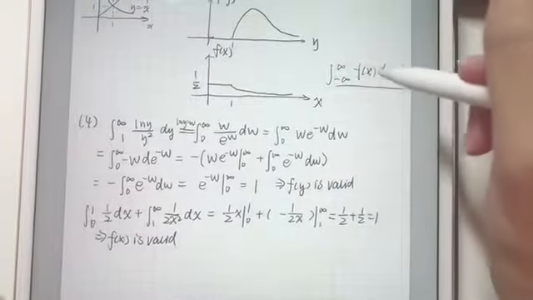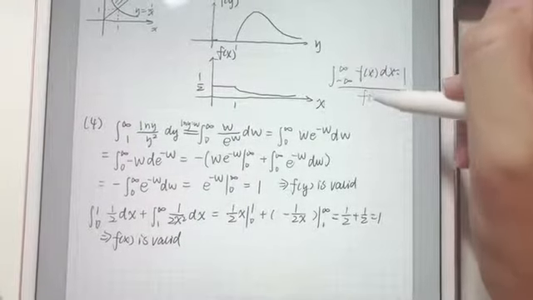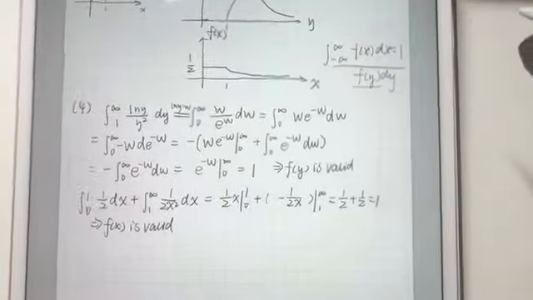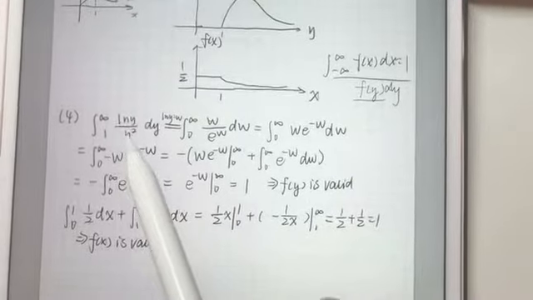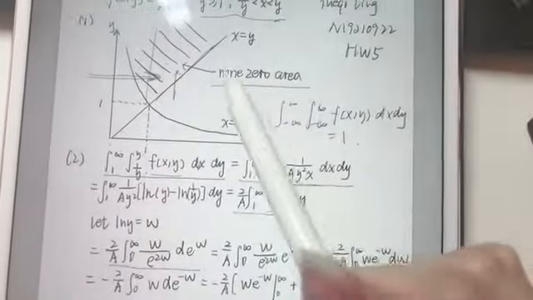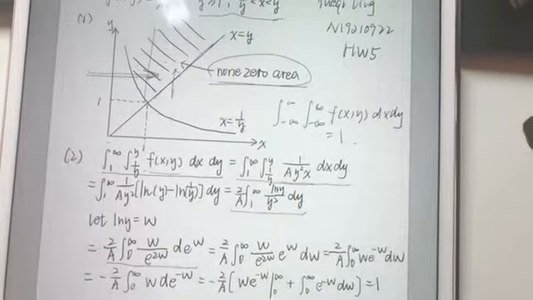This is also the same for f_Y dy. Don't forget that our non-zero area is this area, not minus infinity to infinity.